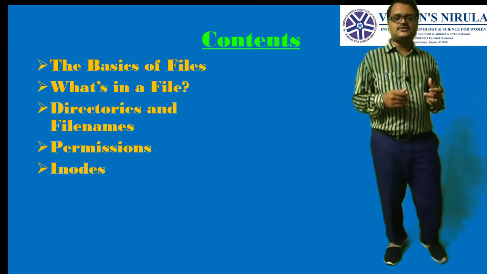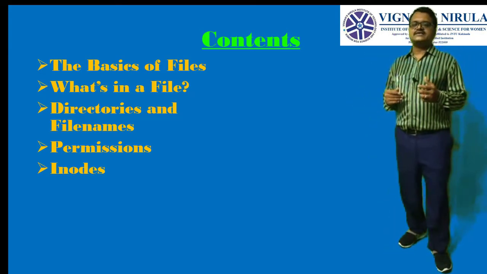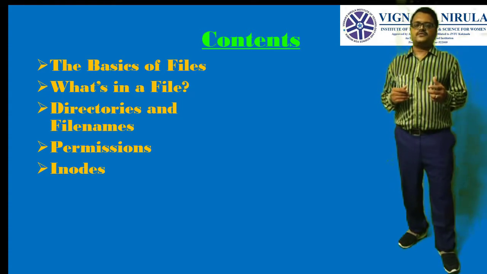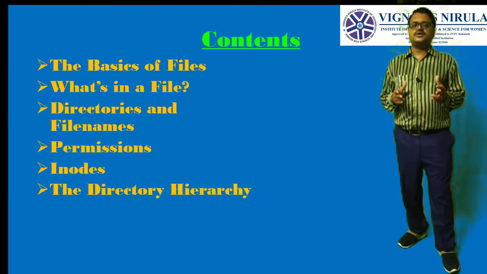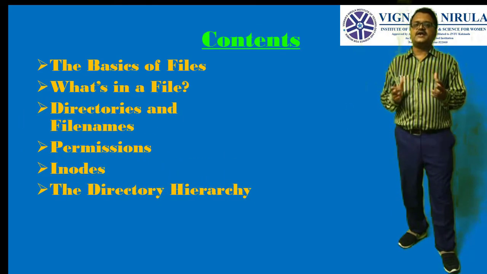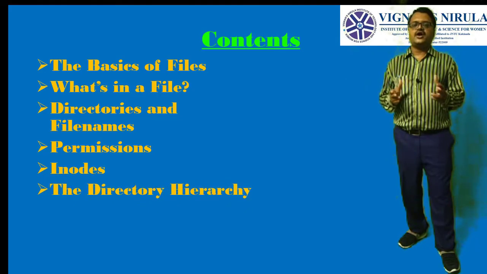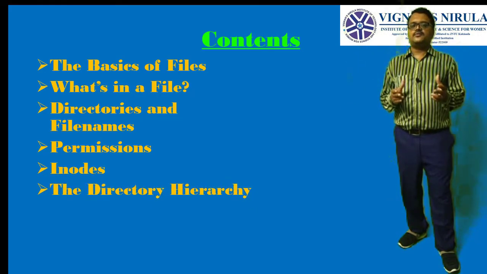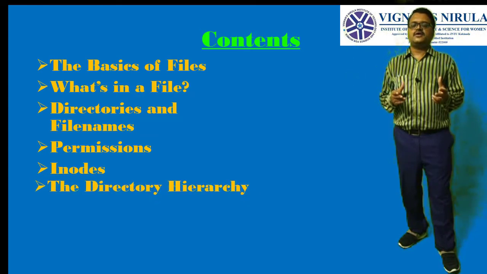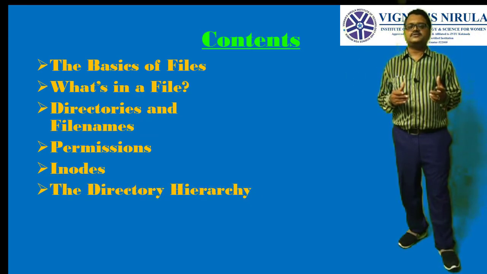Next, sixth topic, we will discuss about directory hierarchy. That is what are the different directories present in Unix and how they are organized. We will see more directories here.